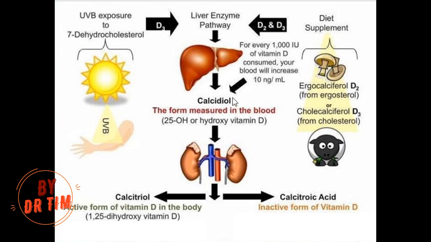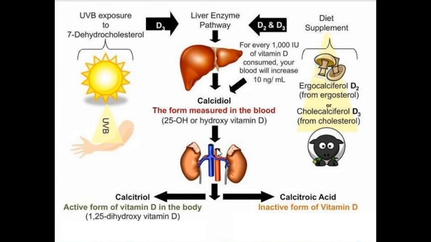This is the inactive form of vitamin D that is usually measured in the blood, also known as 25-hydroxy vitamin D. Doctors will diagnose whether we have vitamin D deficiency by measuring this substance in the blood.